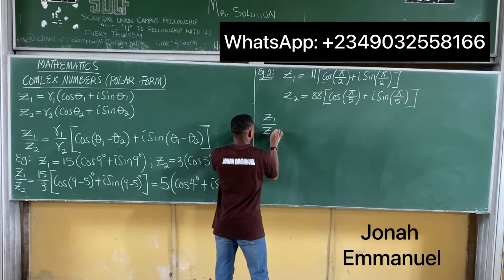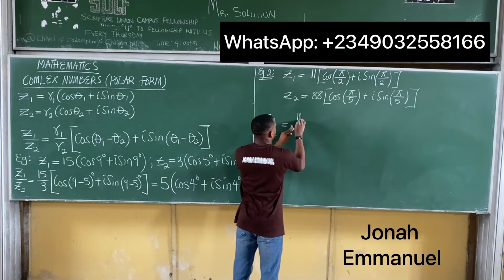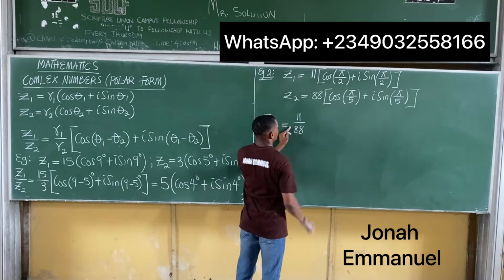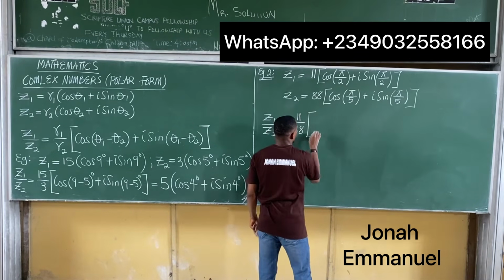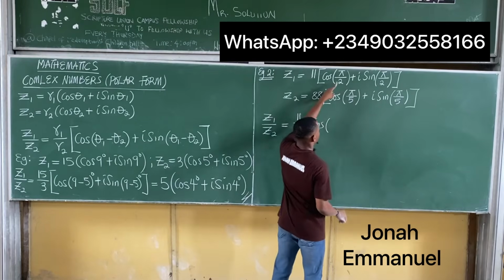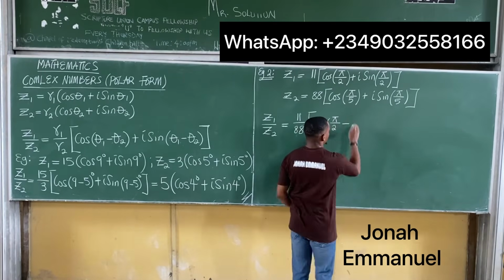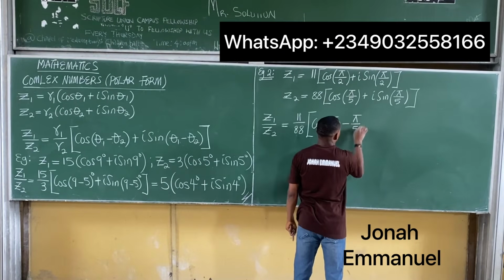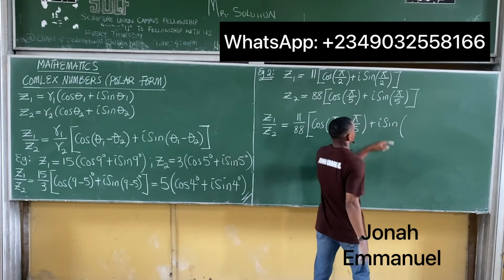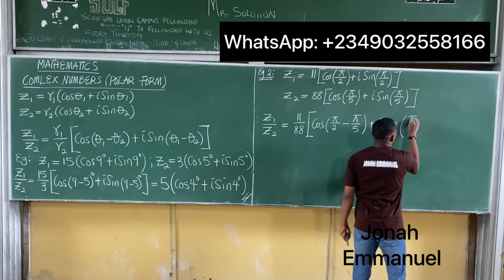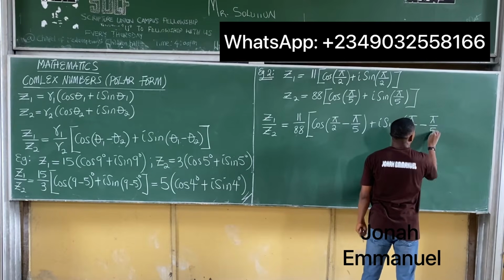z1 over z2 will be equal to, we said divide this, so it becomes 11 over 88. So z1 over z2, that's r1 over r2 into cos of (theta 1, pi over 2, minus theta 2, pi over 5) plus i sine of (theta 1, pi over 2, minus theta 2, pi over 5).